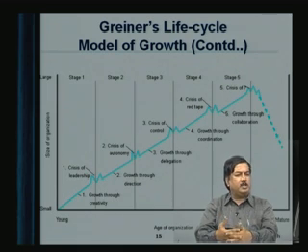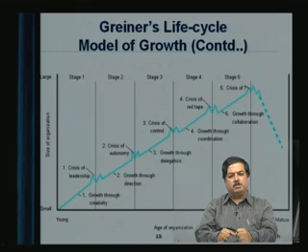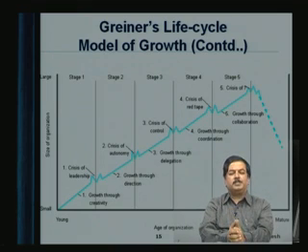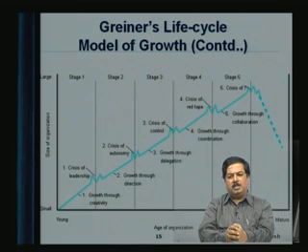Then one can think in terms of growth through collaboration, where you bring in more team spirit and people work on various processes within the organization. So the Greiner model interestingly combines the age and the size of the organization.